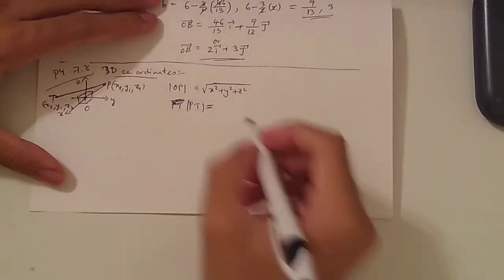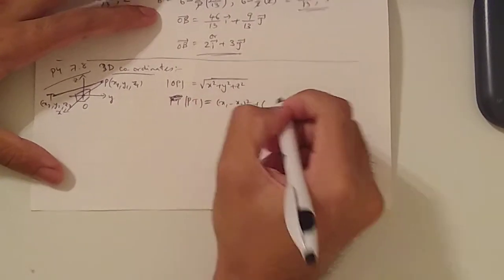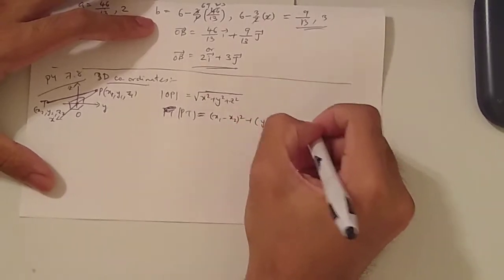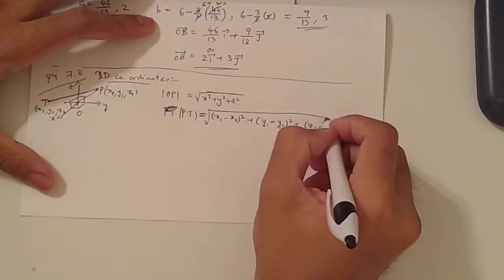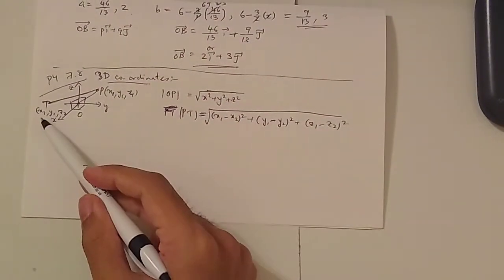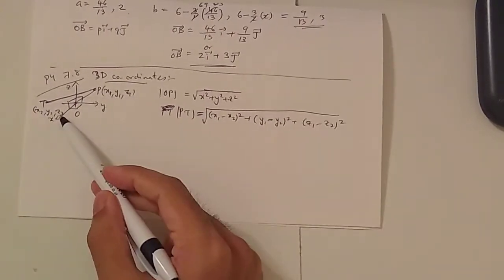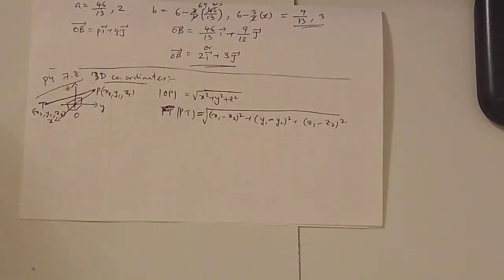It is the differences of the coordinates, and each of the differences is squared: the square root of (x1 minus x2) squared plus (y1 minus y2) squared plus (z1 minus z2) squared. Nothing different from what we studied earlier. It's just that we have a third component because of the z-axis.